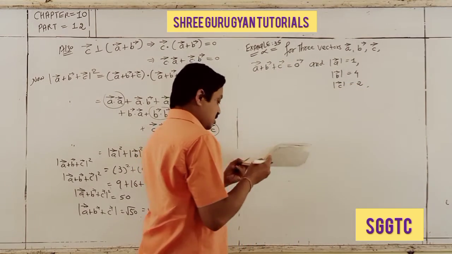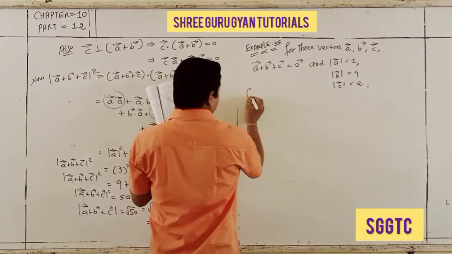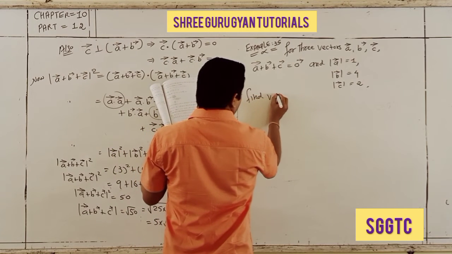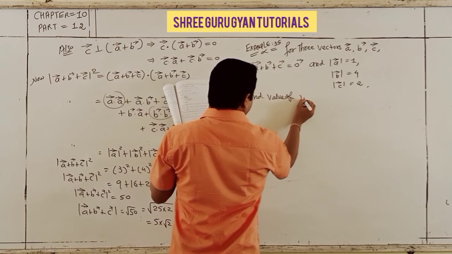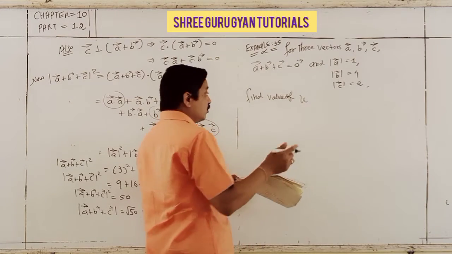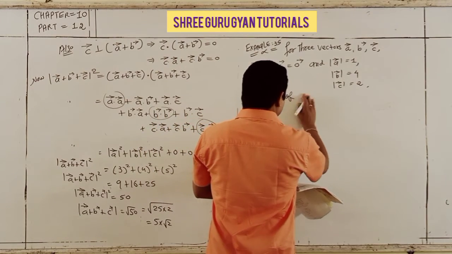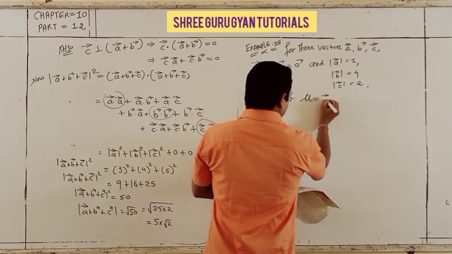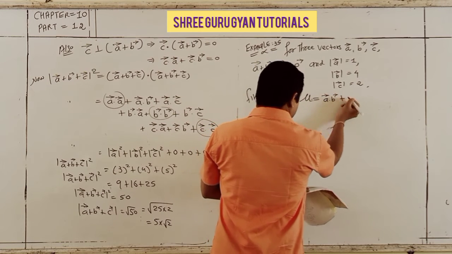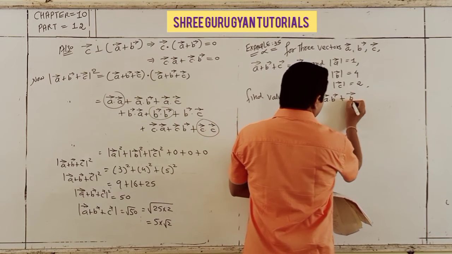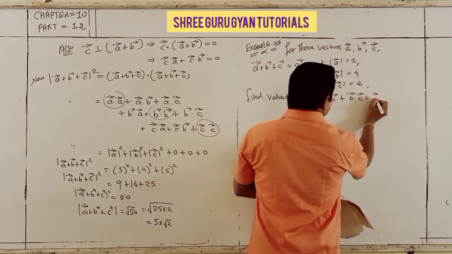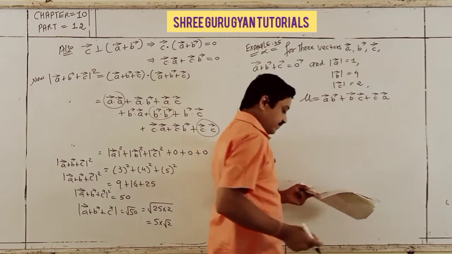Find the value of mu, which is A dot B plus B dot C plus C dot A.